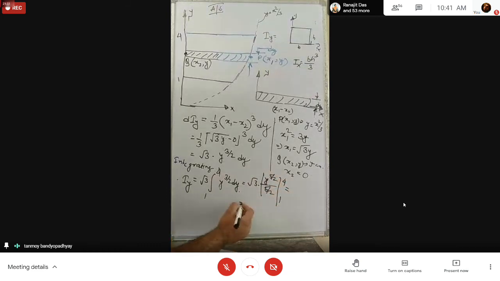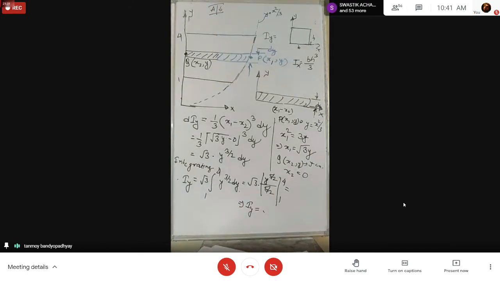Just calculate and see what value of Iy you are getting. It is 62 root 3 by 5, which is 21.47. So 21.5 will be the answer.